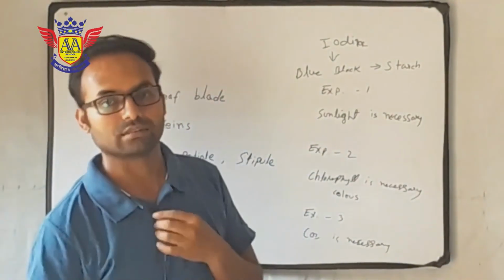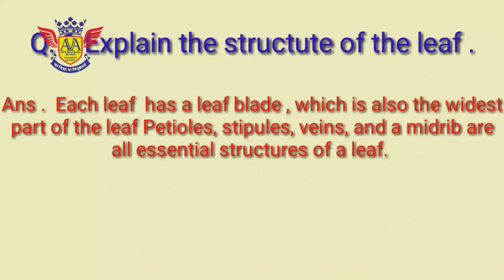So let's start. Question number 1 is: explain the structure of a leaf. Answer: each leaf has a leaf blade, which is also the widest part of the leaf. Petioles, stipules, veins and midrib are all essential structures of a leaf.